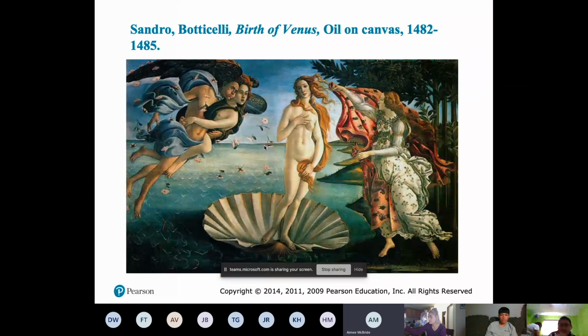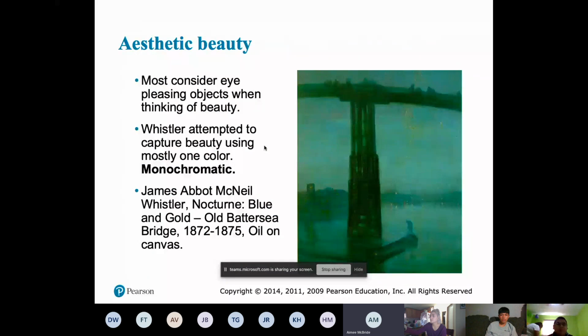And this one is not only made for the enjoyment of the viewer, but it is also art in worship or ritual because it does harken back to mythology, which once was a religion. So that's just to hit it home that things can fall under more than one category. But we are focusing on art in delight right now.